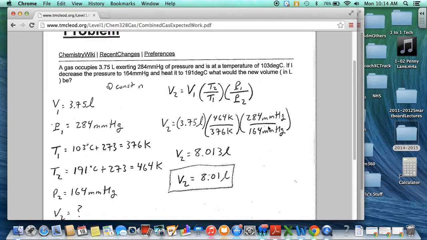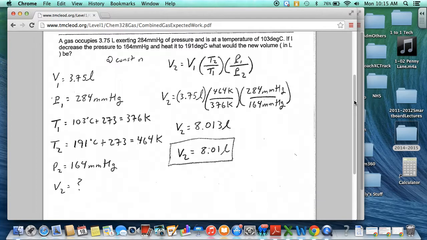Again, remember that temperature has to be in K, but for pressure, it just has to be in the same units. So that's how you solve a combined gas law problem. To create the P2 equation and the T2 equation, you simply build it like I just built the V2 equation. Thank you.